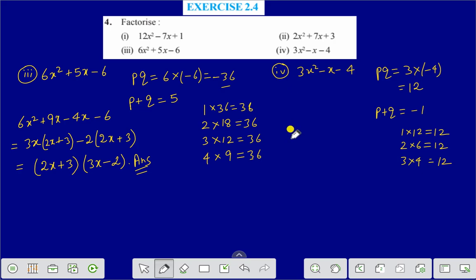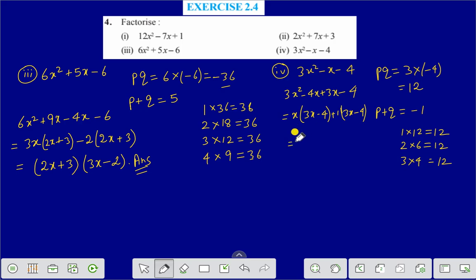Therefore, we are getting 3x square minus 4x plus 3x minus 4. Take common x, we are getting 3x minus 4, plus 1 into 3x minus 4.